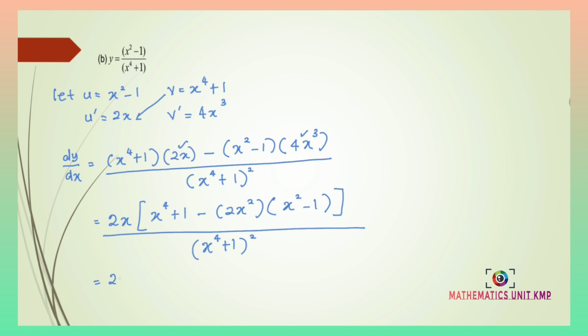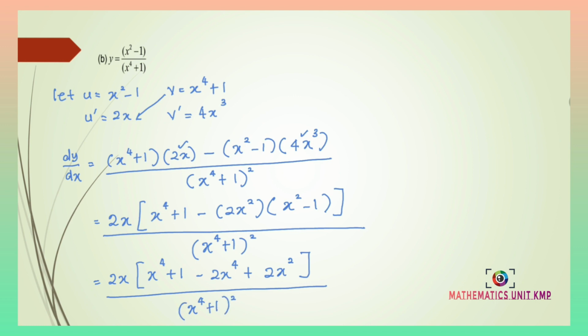Then here we simplify in the bracket. We have negative 2x power 4 plus 2x squared over x power 4 plus 1 squared.